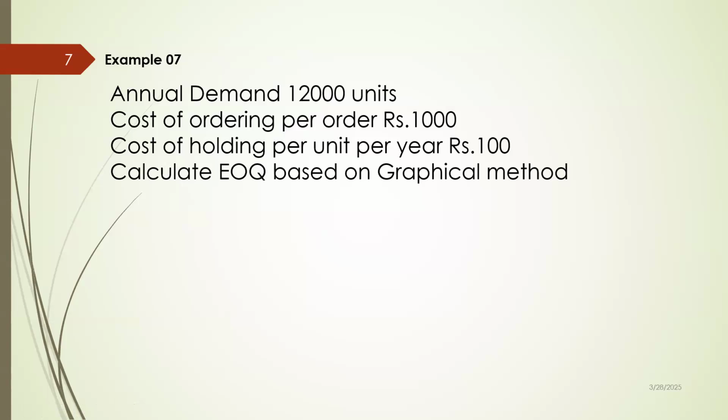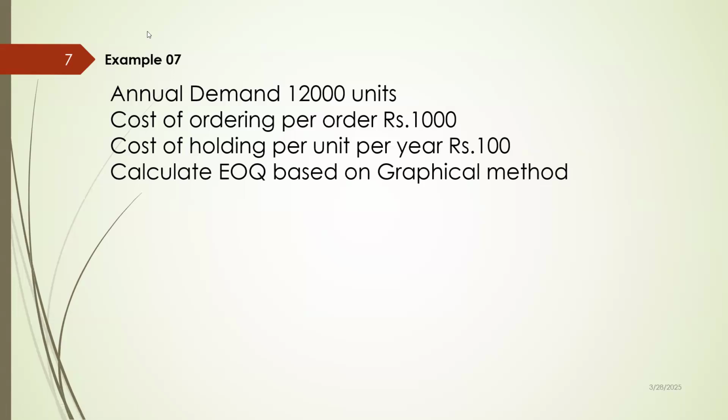Then we draw the total holding cost and total ordering cost, then combine both. We can draw the total cost. The minimum point of the total cost, or the intersecting point of total holding and ordering cost, both are the same line. That quantity represents the economic order quantity.